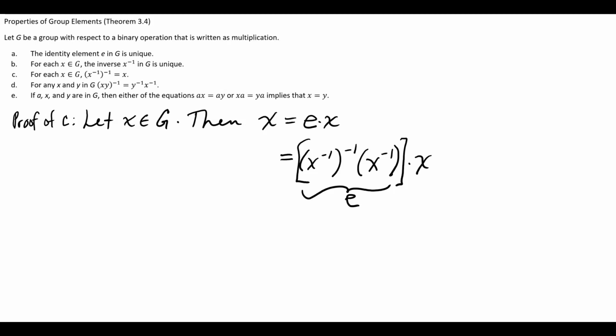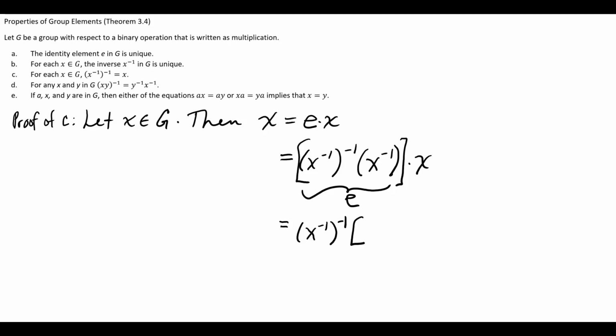Well, again, like in the previous proof, we know that the associative property holds because we're dealing with a group. And in a group, the binary operation is associative. So I can regroup this as x to the -1 to the -1, so the inverse of x inverse, times x.